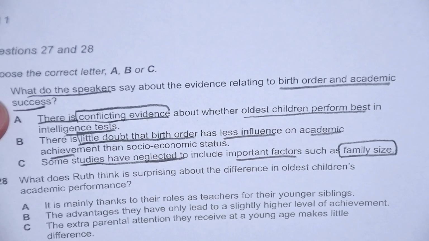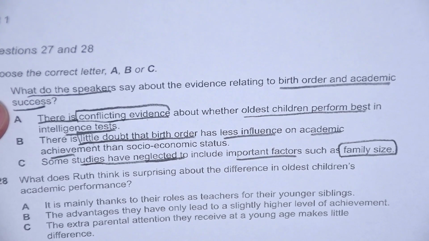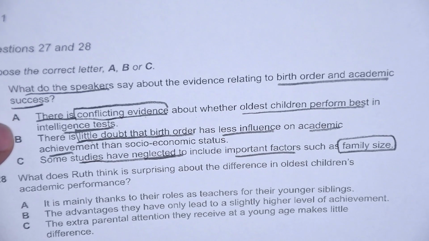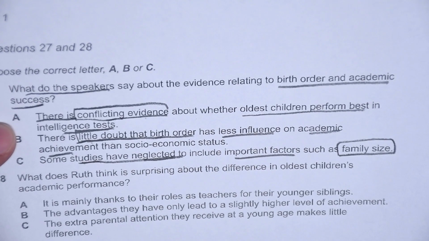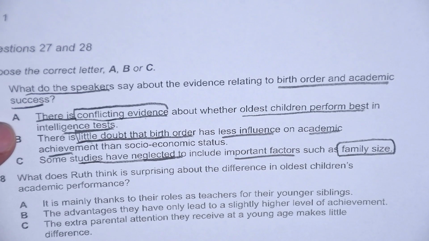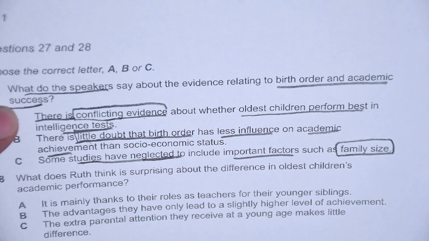Has been proved to be accurate, though performances in intelligence tests decline slightly from the eldest child to his or her younger sibling. This has been proved in lots of recent studies.